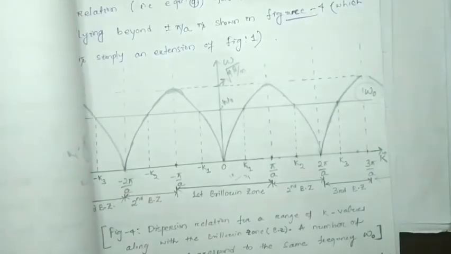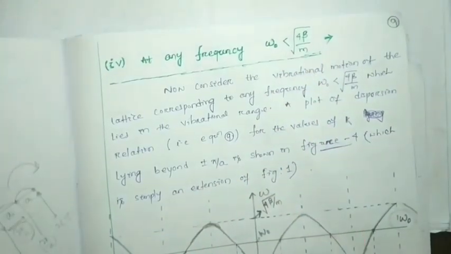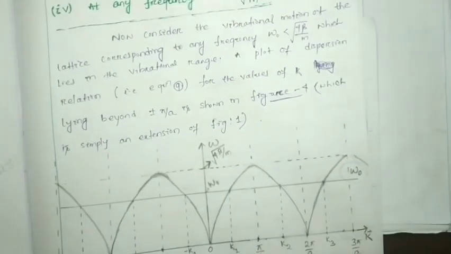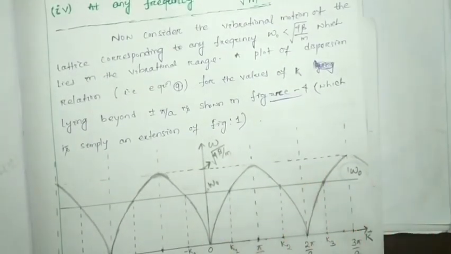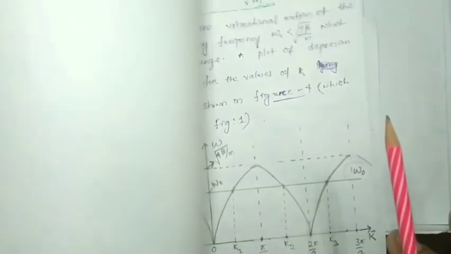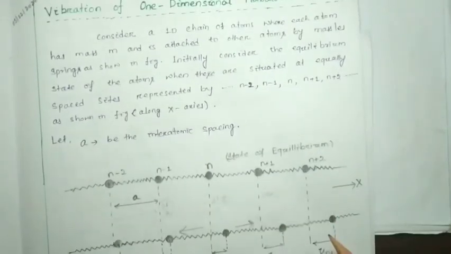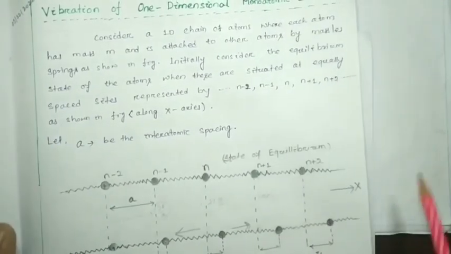The most important things for the exam are the 4 points: at higher frequencies, at any frequency, what type of behavior you have to show, and the graphs we have discussed. Those are the most important, and you have to put them inside your exam whenever you write this question. This may be an 8 to 10 mark question.